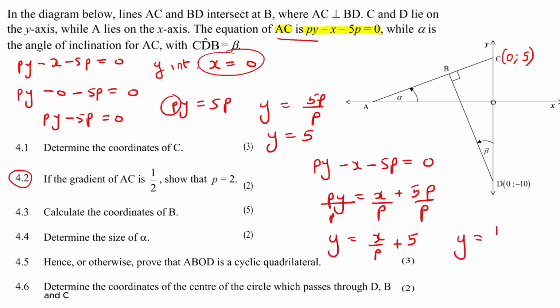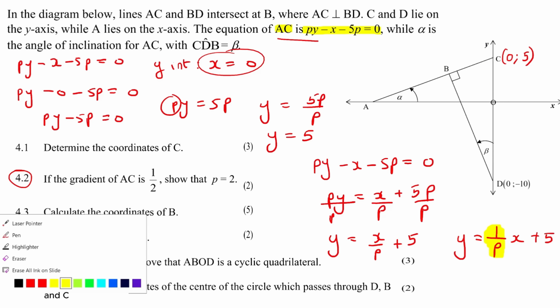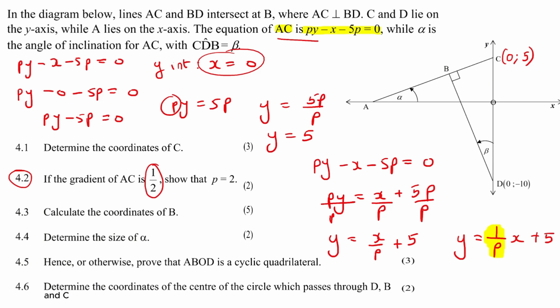Instead, I'm going to write it as 1 over p times x, plus 5. So now we've got it written like a straight line. The gradient is whatever's in front of the x, so the gradient is 1 over p. But they told us that the gradient is a half. So 1 over p must be the same as 1 over 2.